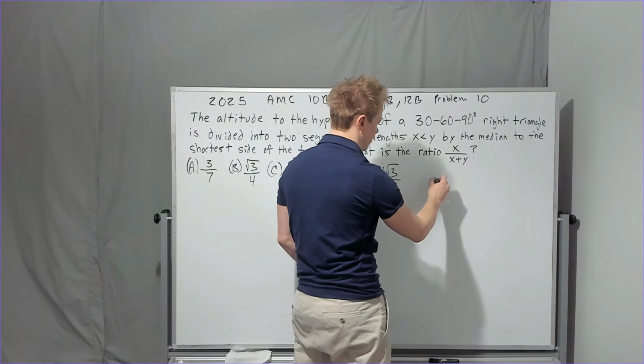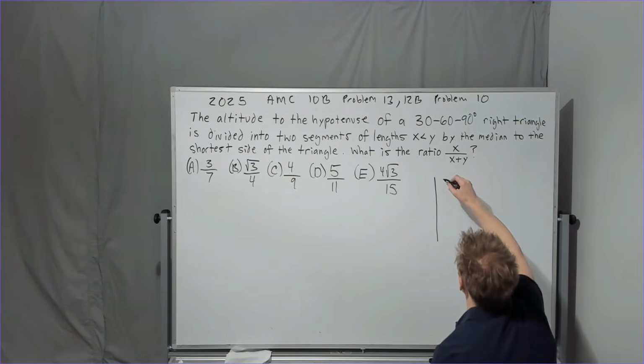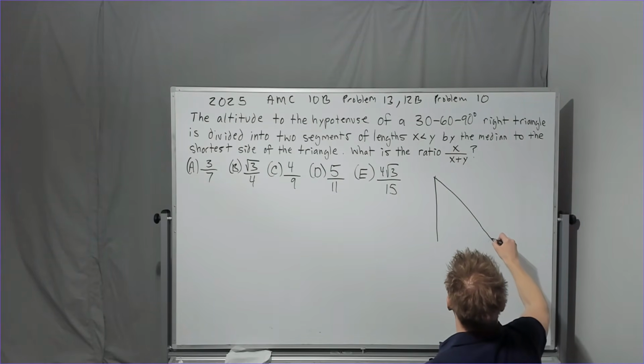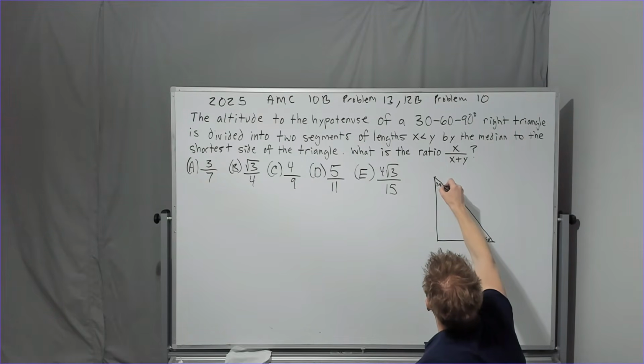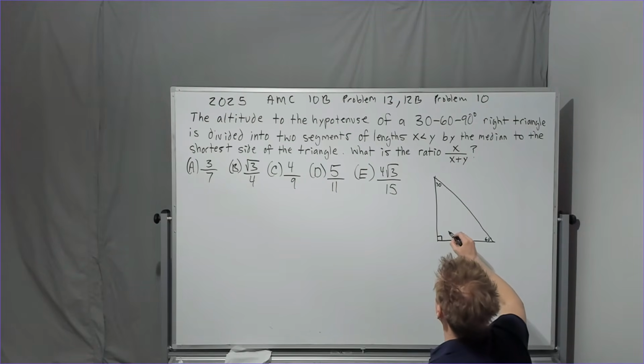So what I'm going to do is draw, let's try to draw it straight on like this. And we will claim at least that this is 60, and this is 30, and this is 90. Okay. And we're going to draw the altitude right over to here.